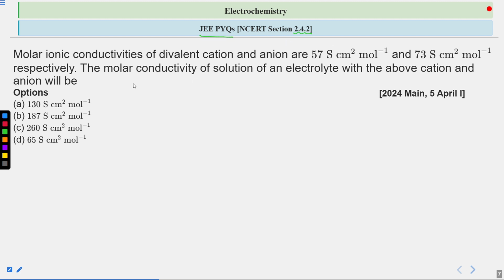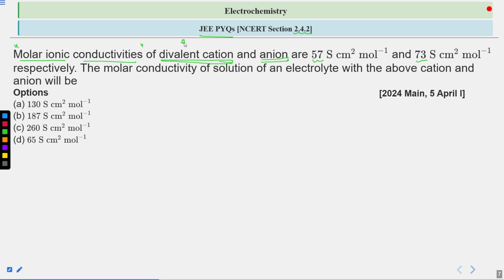Now let's continue. The question we are going to start is: molar ionic conductivities of divalent cation and anion are given as 57 and 73 Siemens centimeter square mole inverse. So we have been given the molar ionic conductivities of the divalent cation and anion. What do we mean by divalent?